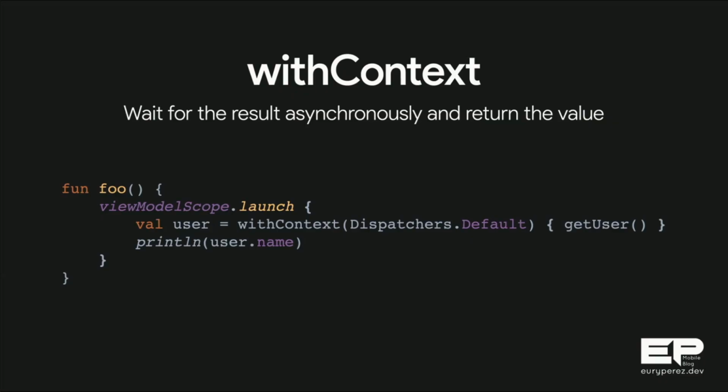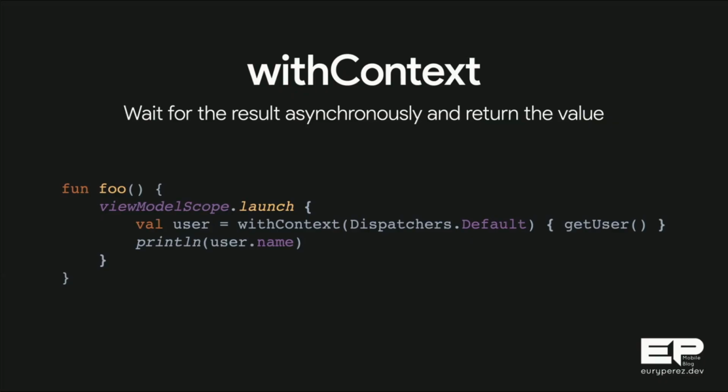In this case, I'm passing the default dispatcher. And inside the curly braces, I'm calling the get user function. This is also faster than the async coroutine. You can benchmark it yourself and see that this is a little bit faster than async because it's performing fewer operations backstage.